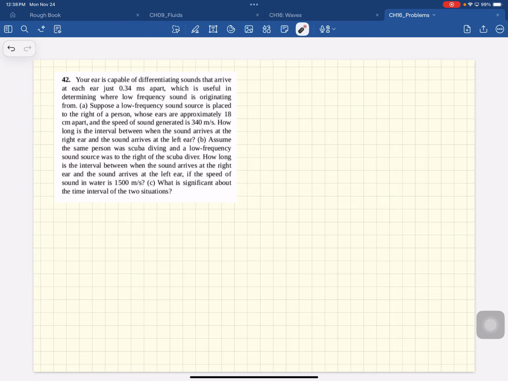You can close your eyes and tell that the sound source is coming from the left. So from time delay you can tell where the source is.